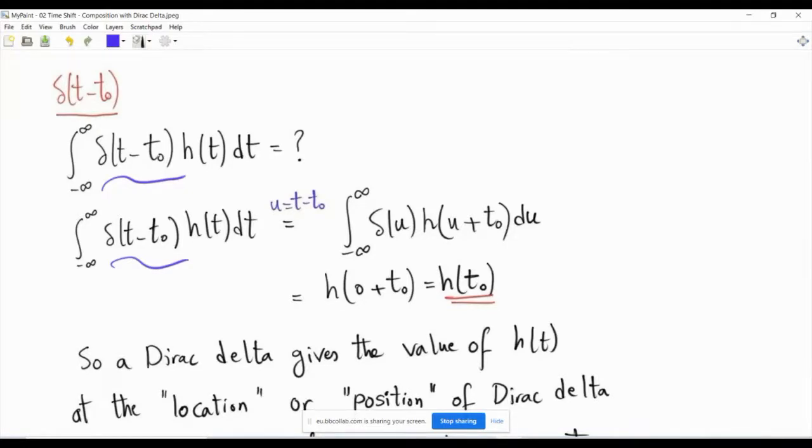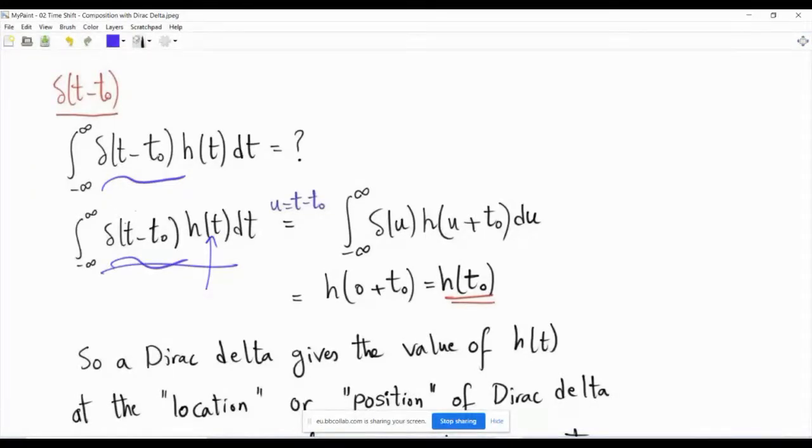In truth, this thing is another functional that basically operates on h of t, and now it gives you the value of h of t not at the origin but at t0. But how can we sort of derive this, quote unquote derive this, again pretending that delta is a function and that you can involve it in integration and so forth.